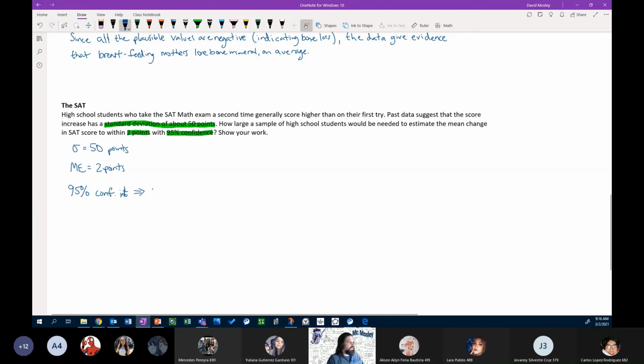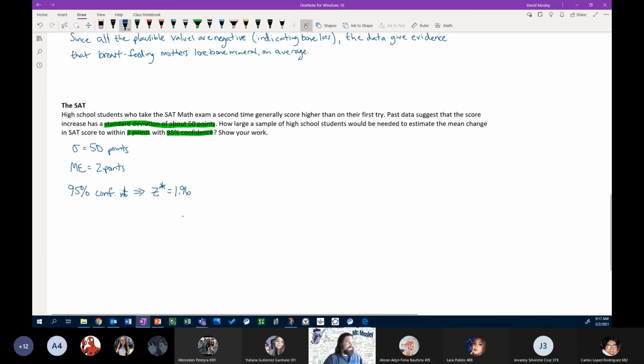Right, and that gives us a z star of 1.96. Because again, remember when we're trying to determine a sample size, we use z star instead of t star, even though we're dealing with a population and we're dealing with means.